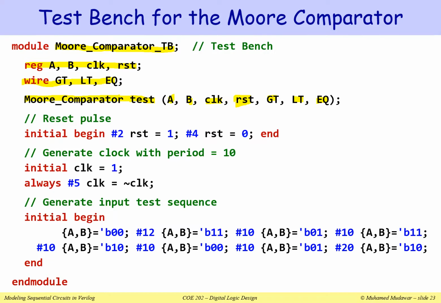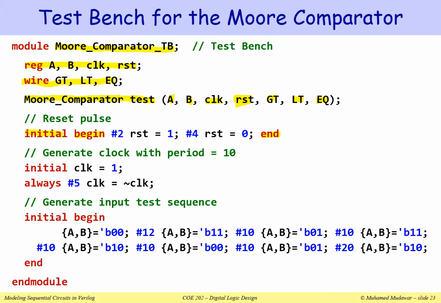What we have to do is apply a reset pulse initially. This is done once, so I can do it with the help of an initial statement. We have an initial block surrounded by begin and end.